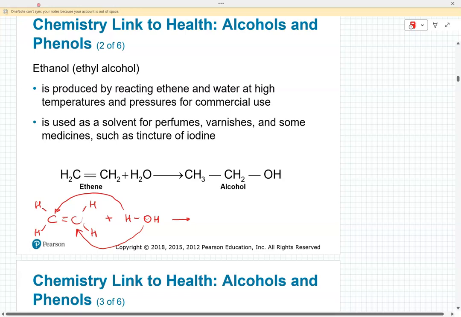Am I making sense? So it's a hydration of ethene or ethylene. So you got the expanded structural formula like this.